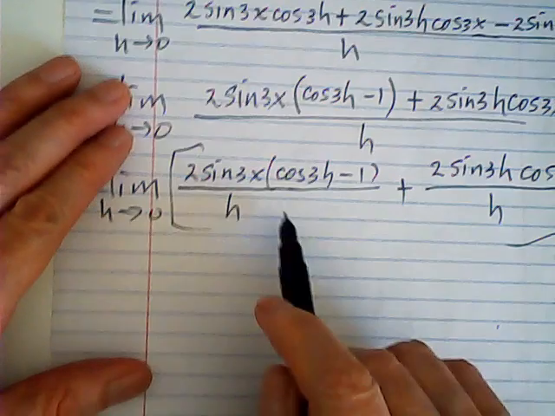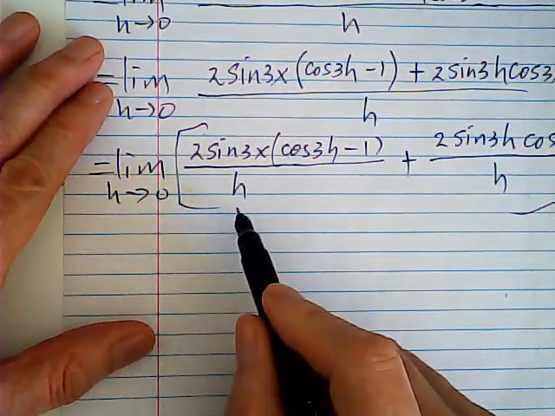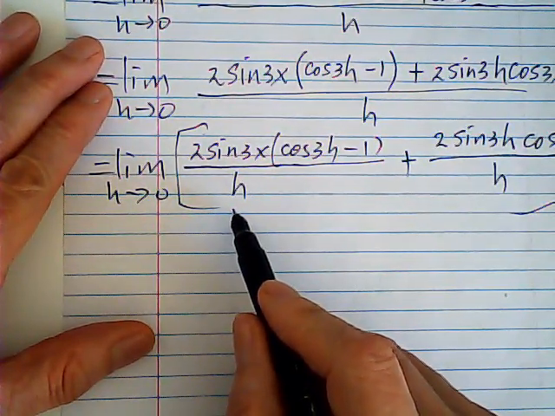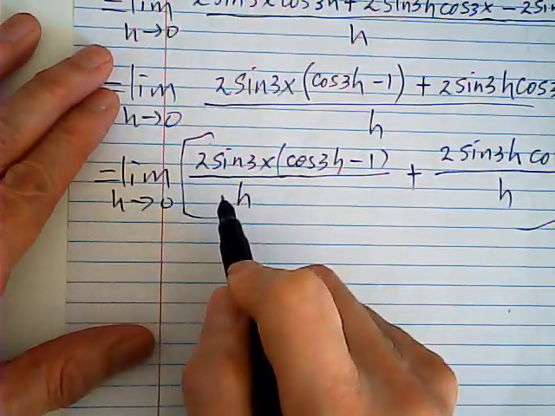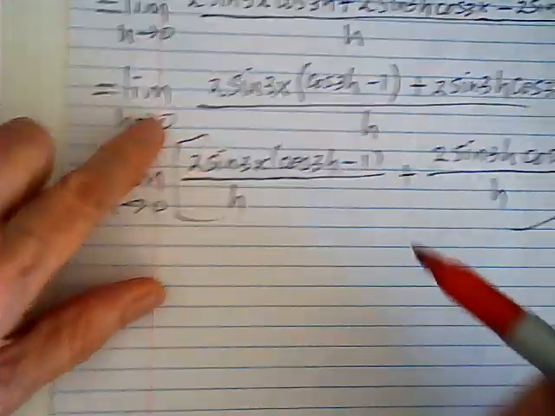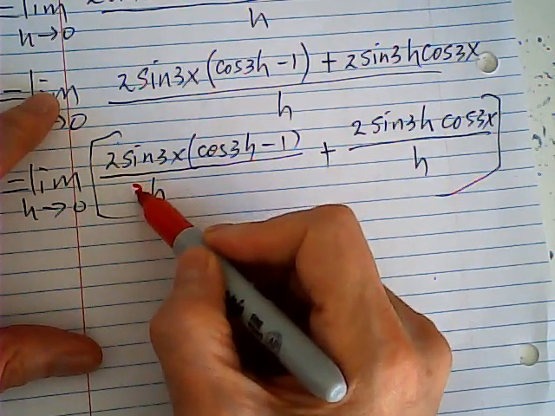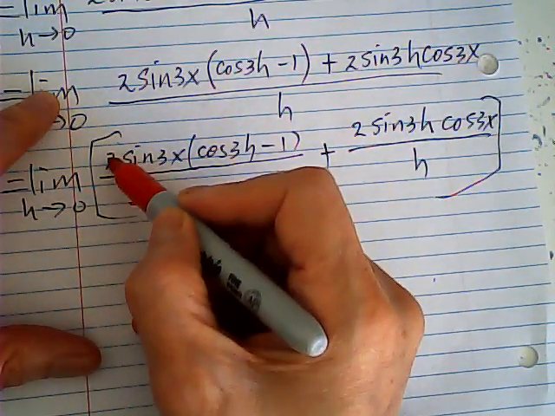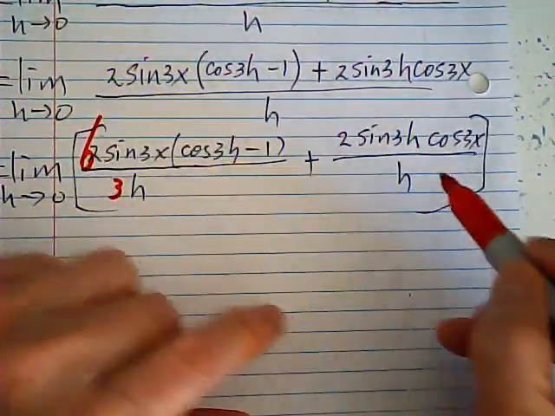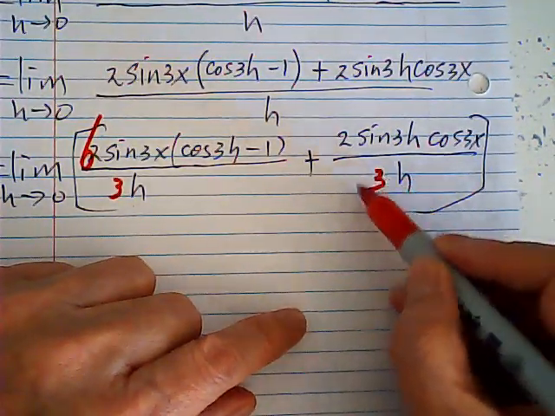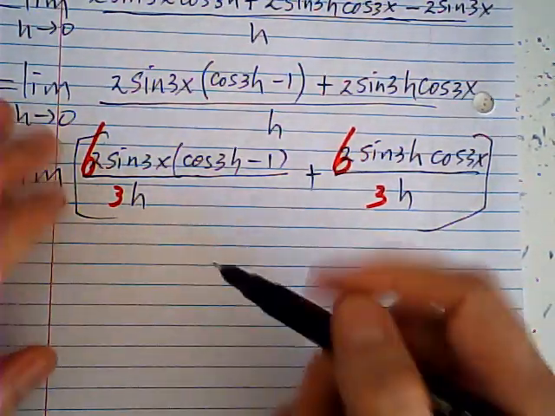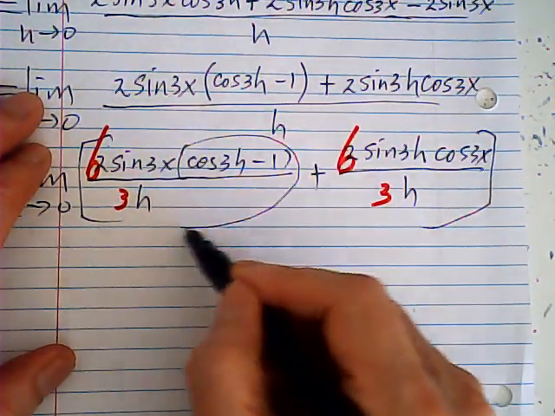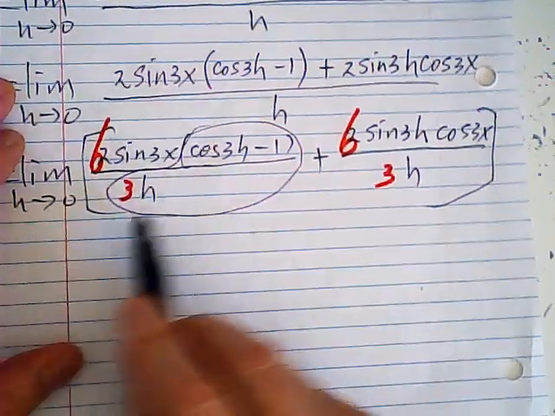Now here I can multiply by 3, then this becomes 6. I can multiply by this 3, and this becomes 6. So this one is equal to 0, as we said before.